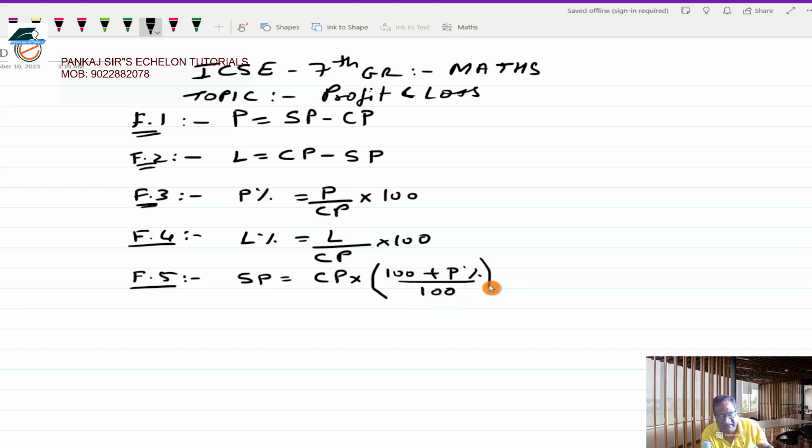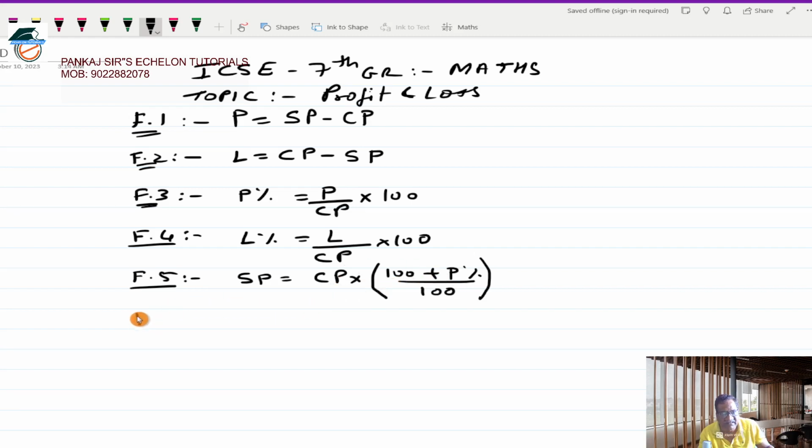This was the formula for selling price related with the profit percentage. If you want to find out the selling price, given that the profit percent and the cost price are given in the question, then you have to use this formula.